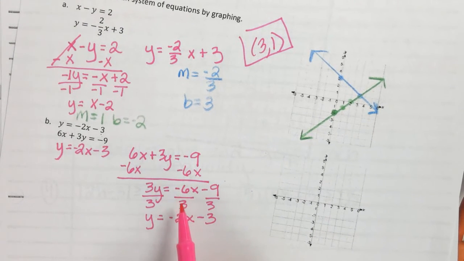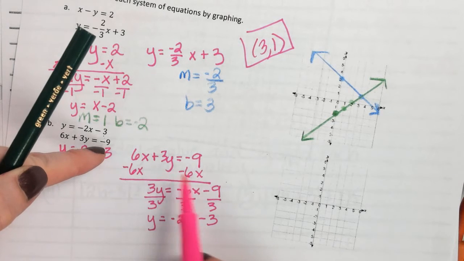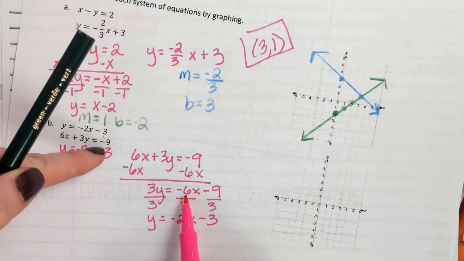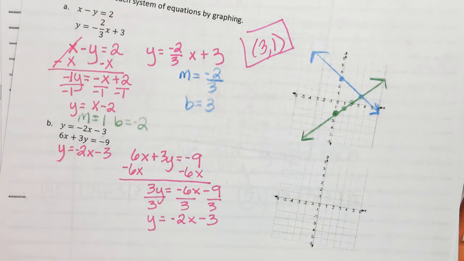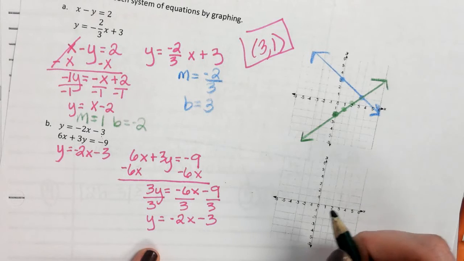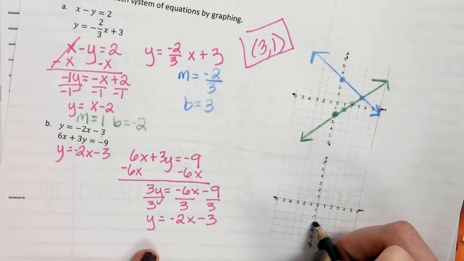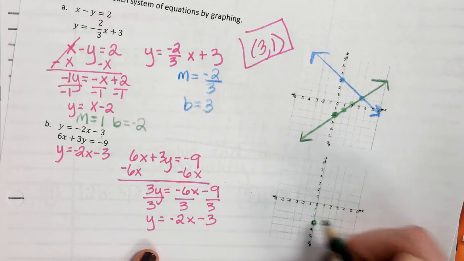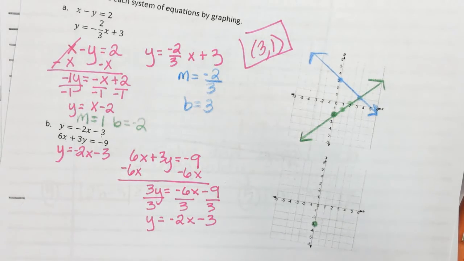I subtracted 6x, so it's negative 6x. So even though you notice that, you still do have to graph it. And then which way is this line going to go? Uphill or downhill?